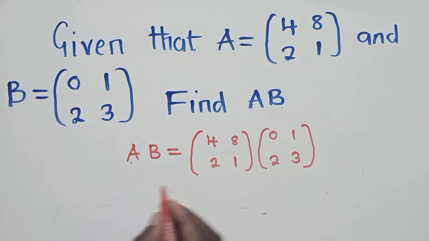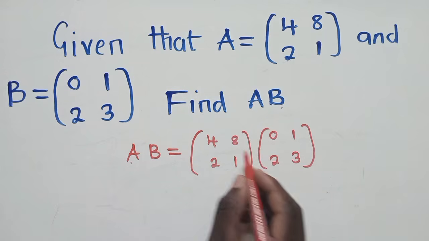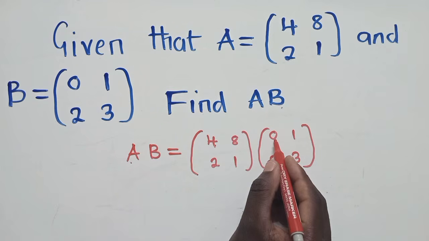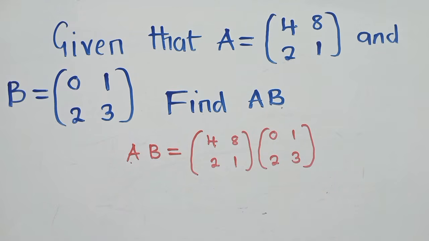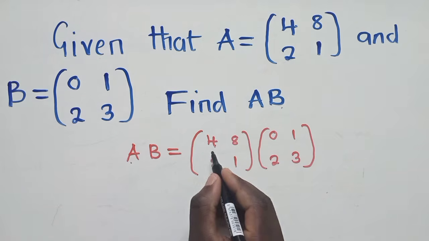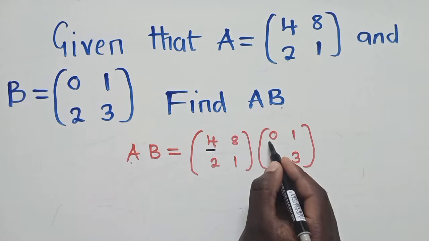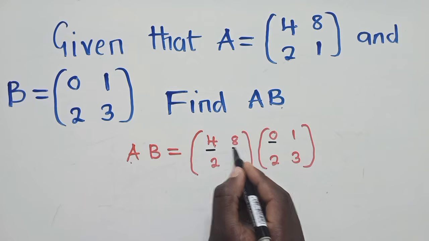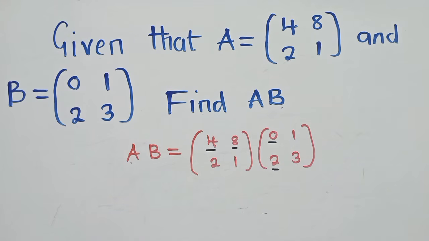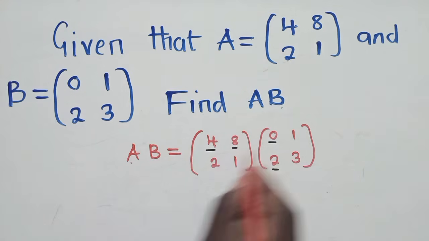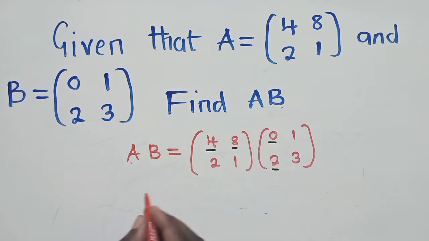The same concept applies. Let me remind you what we did. This was multiplied by this, and then we say plus this by this. So we're going to say 4 times 0, that will give us a 0.